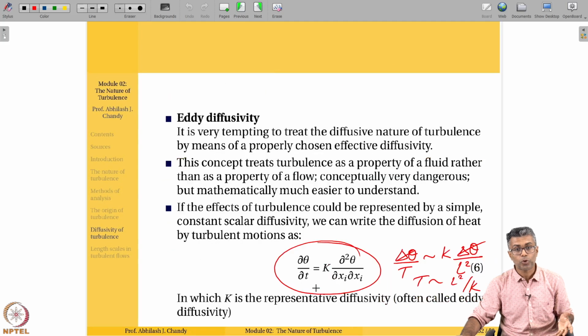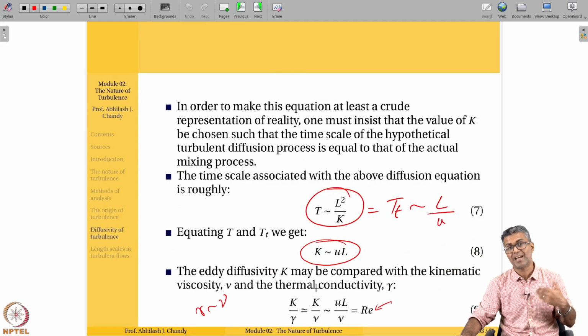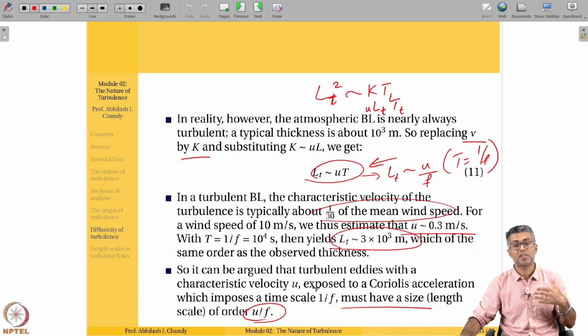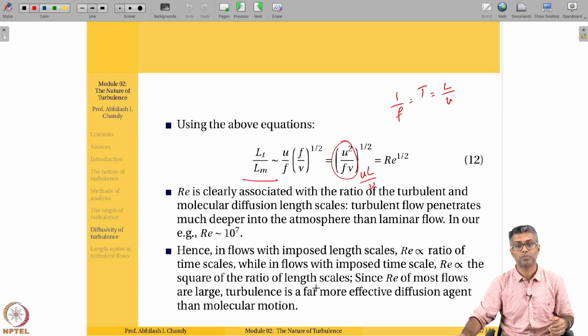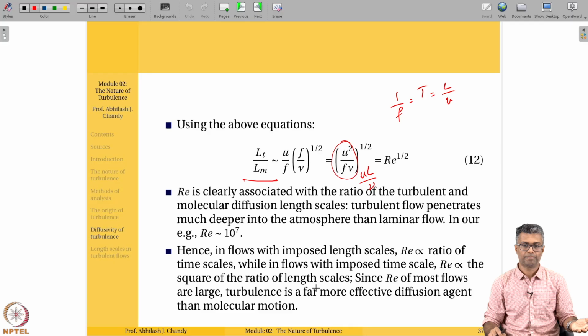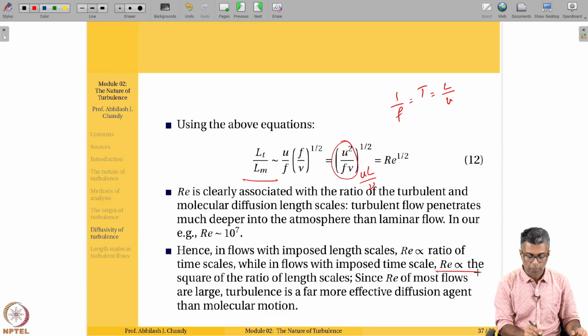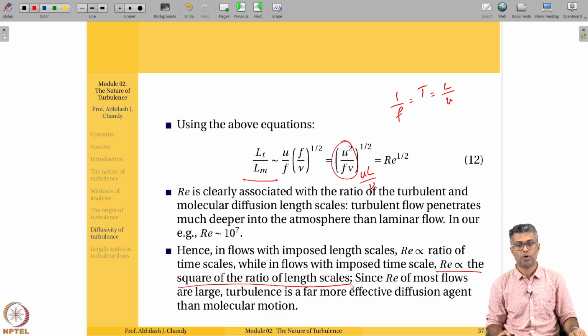So in the imposed length scale problem, Re is Tm over Tt, whereas in the imposed time scale problem, it is Lt over Lm squared. So Re is proportional to the square of the length scale of the problem.